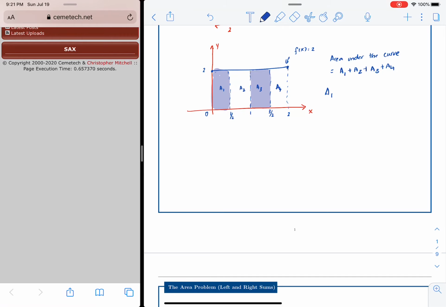So A1 is simply the height, which is 2. But the width in this case is 1/2 for each rectangle. So the first rectangle would be 1/2 times 2, which would give us 1. The second rectangle is identical to the first. The third rectangle.